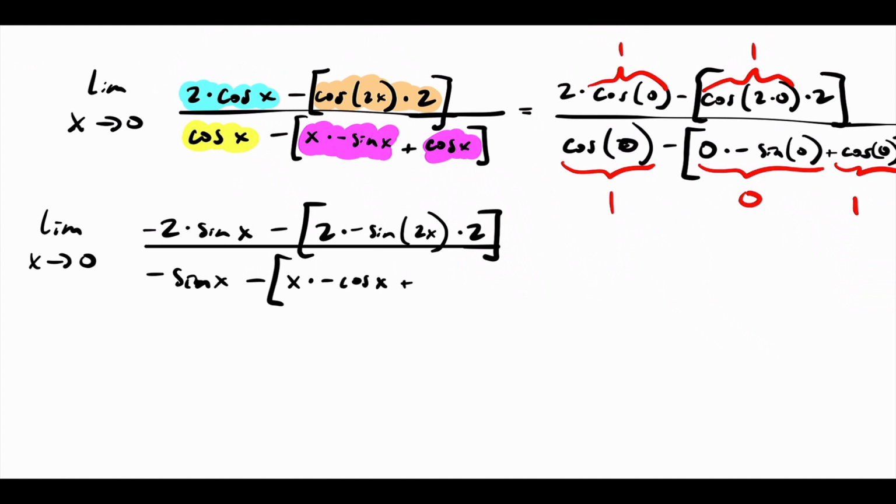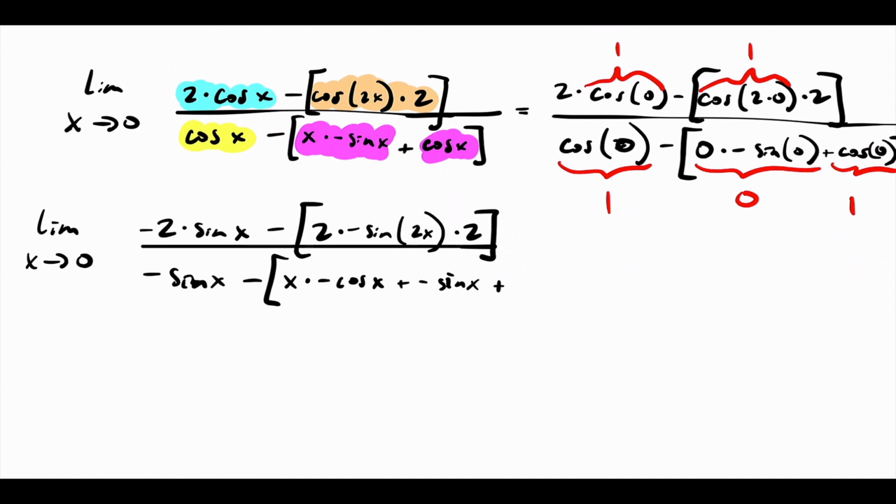Plus the derivative of the first, x, times negative sine of x. So negative sine of x plus. And then the derivative of the second pink is cosine, so that's negative sine.